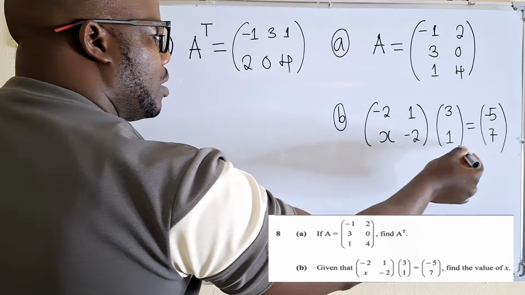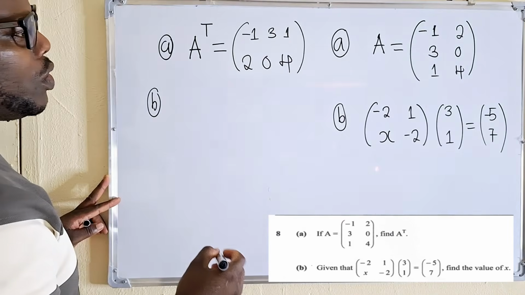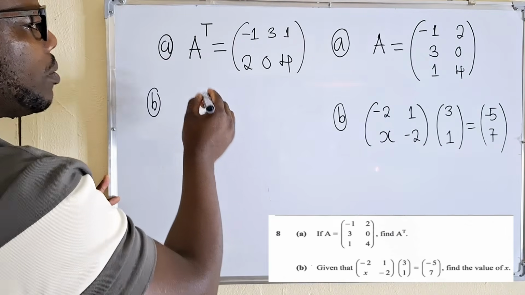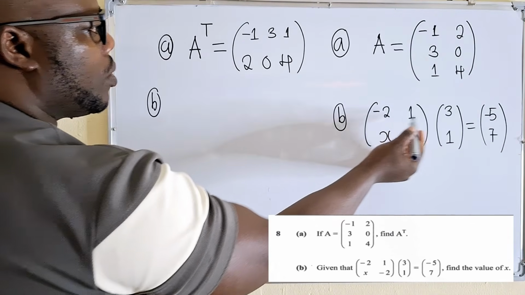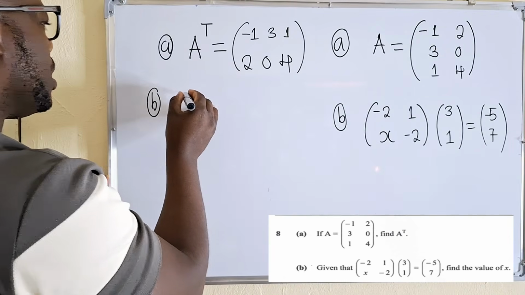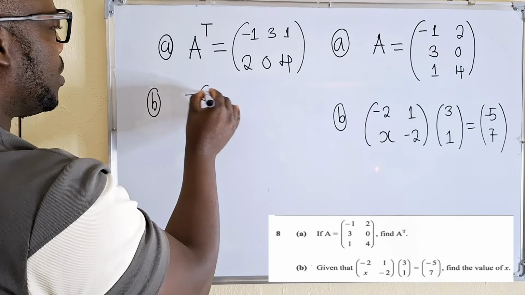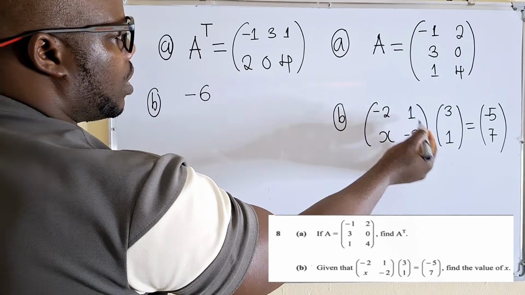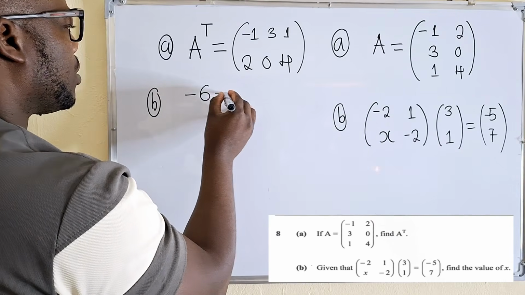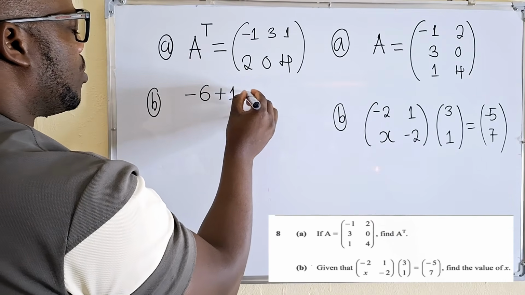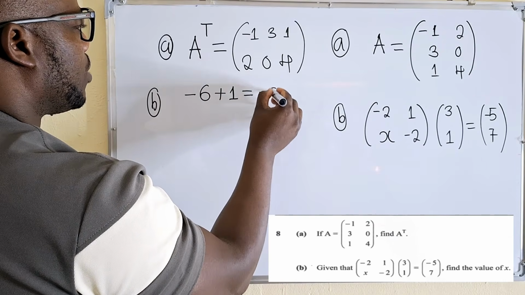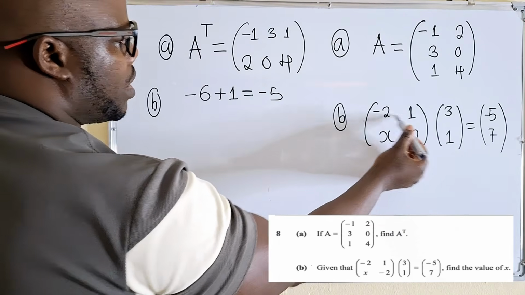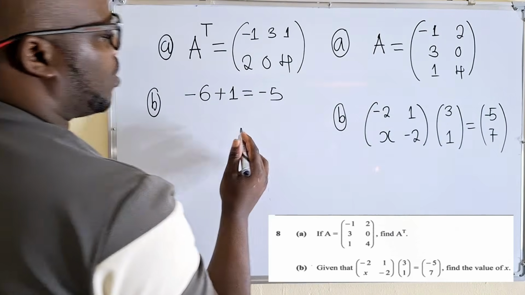This multiplied by this will be equal to the bottom entry. So that will be a negative 2 times 3 will give us a negative 6. 1 times 1 will give us a plus 1, which is equal to negative 5. We're done with this one, equal to this one.